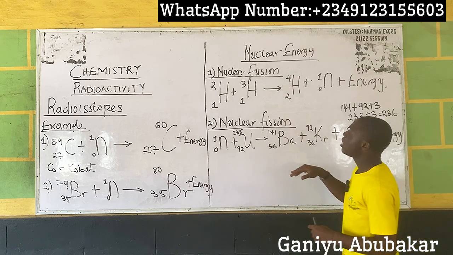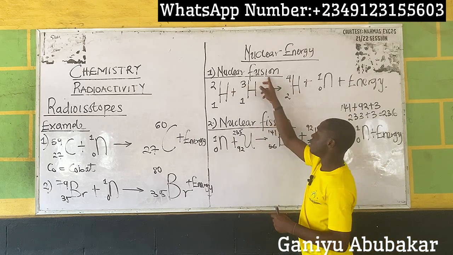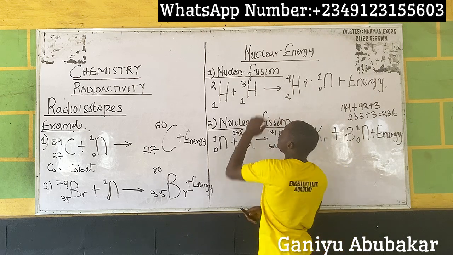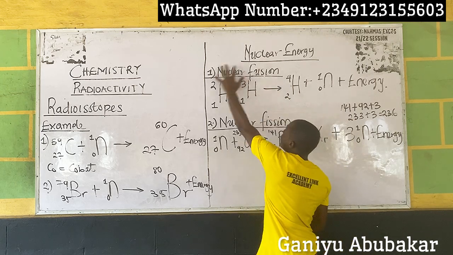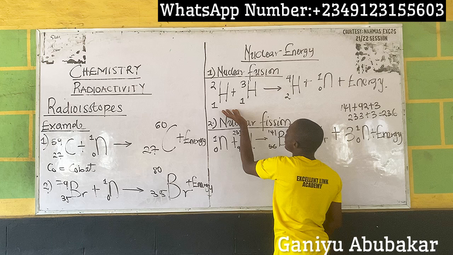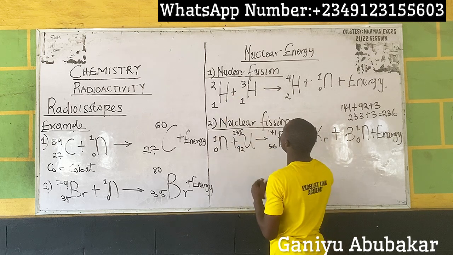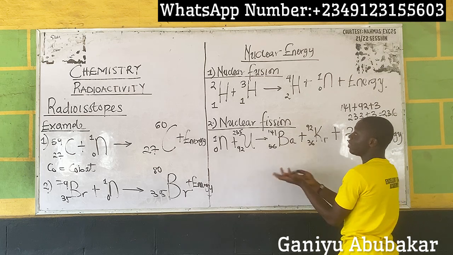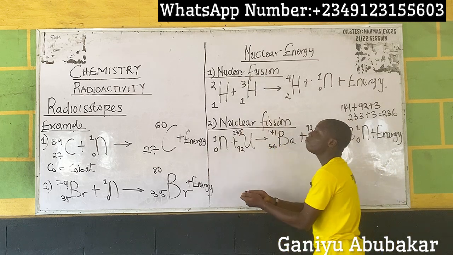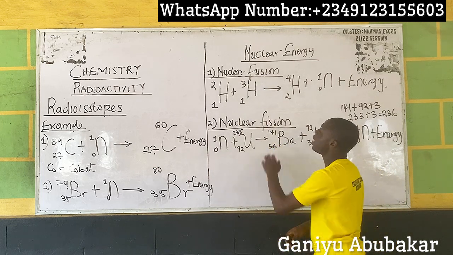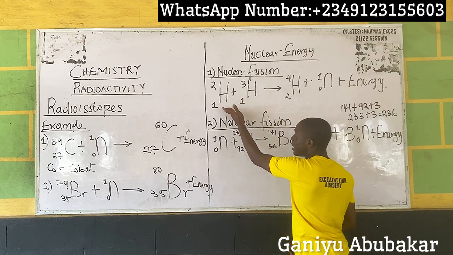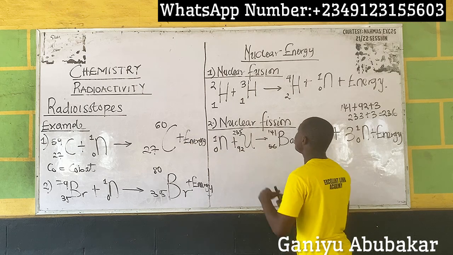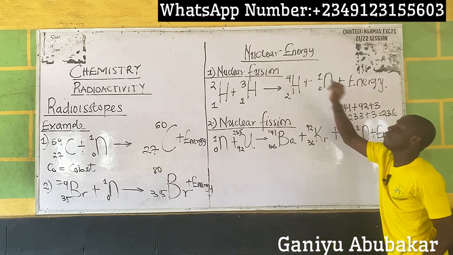Now here's the concept. How do you spot nuclear fusion and nuclear fission? For nuclear fusion, observe that on the reactant side you have smaller values, 2 and 3, but on the product side you have a higher value, 5. So for nuclear fusion, the reactant side has smaller values while the product side has a bigger value.